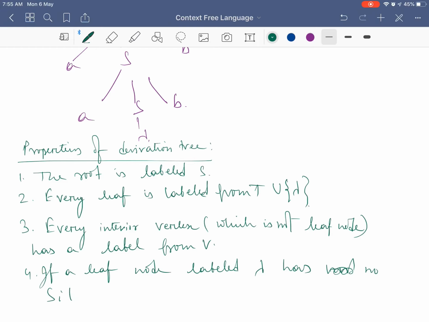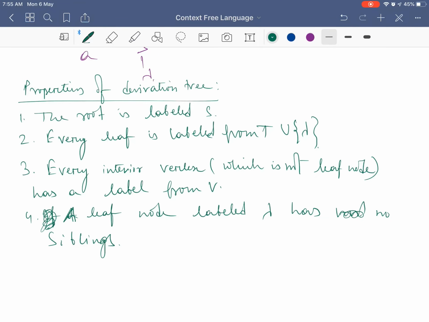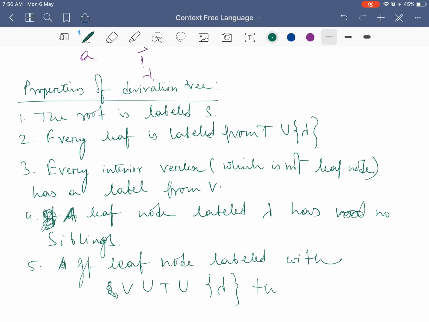Has no siblings, labeled with V union T union lambda, then that tree is called incomplete derivation tree.